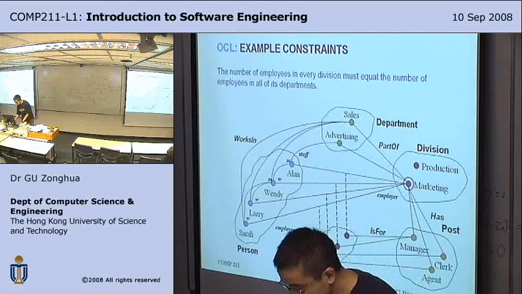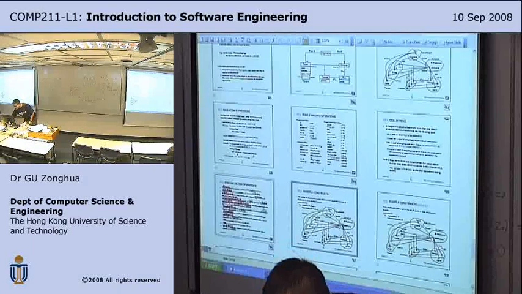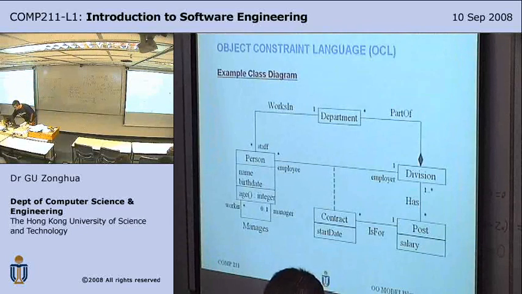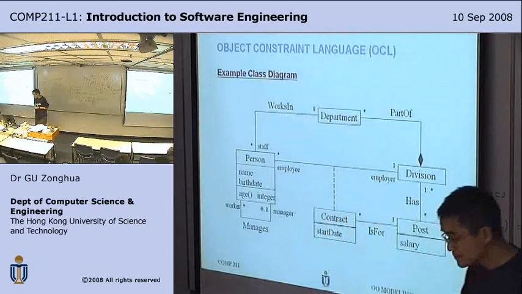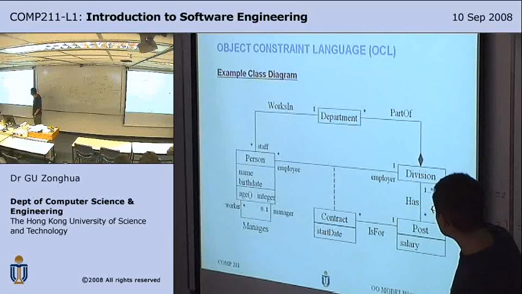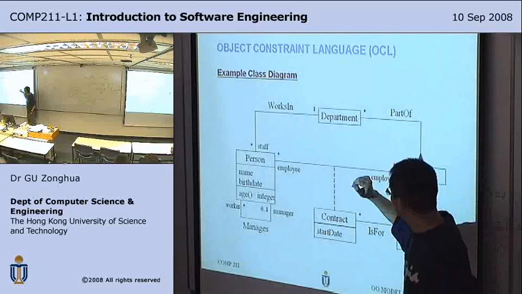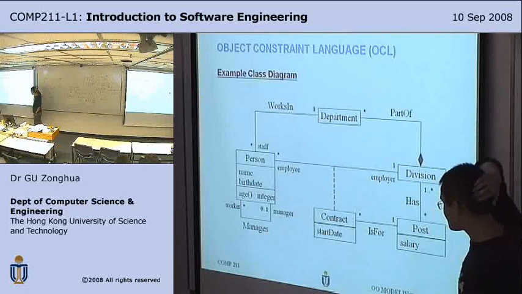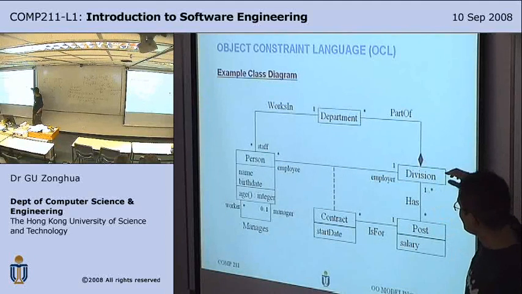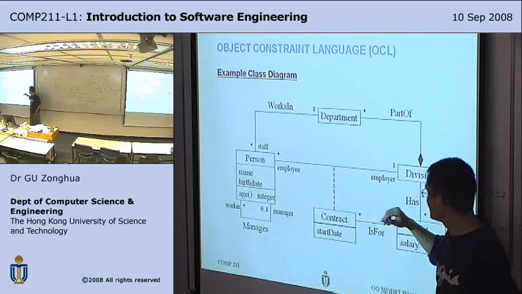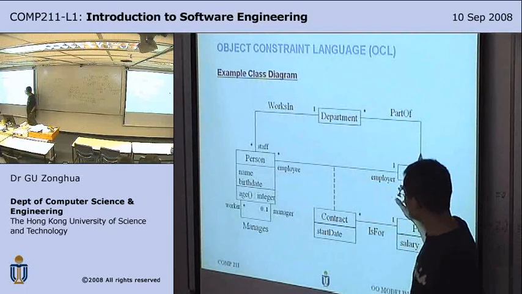So perhaps we should review the class diagram first. Here's the class diagram. A person works in a department. A division may have multiple departments, and at the same time you have a direct association between the division and the person as the employee-employer relationship.